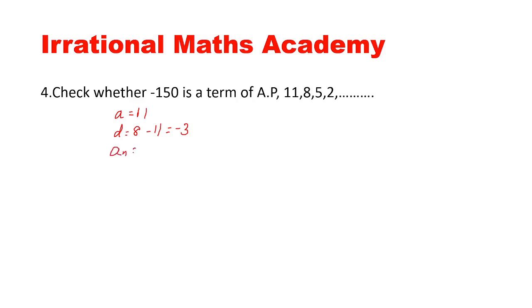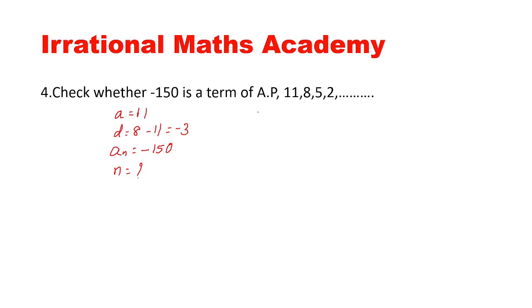An value they already give, that is minus 150. We have to find n, and n has to be a positive integer. If you get a fraction or a negative, then whatever term they are saying won't be part of that series.